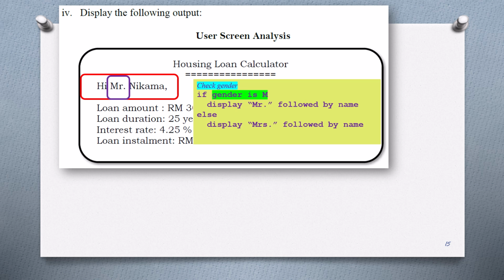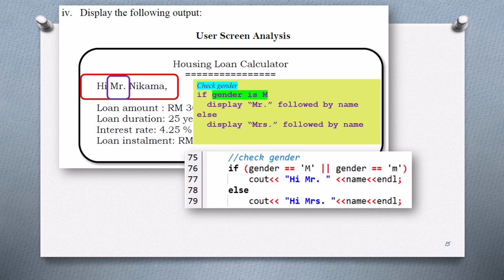Check if gender is M, then display Mr. followed by name. Otherwise, display Mrs. followed by name. When you translate this into a C++ statement, it will be like this.